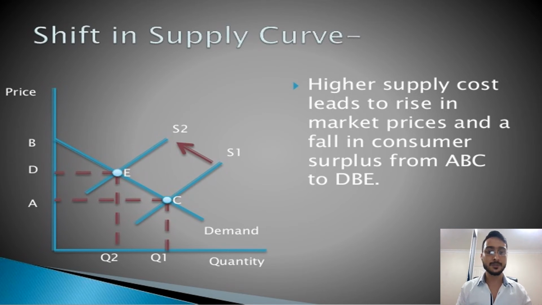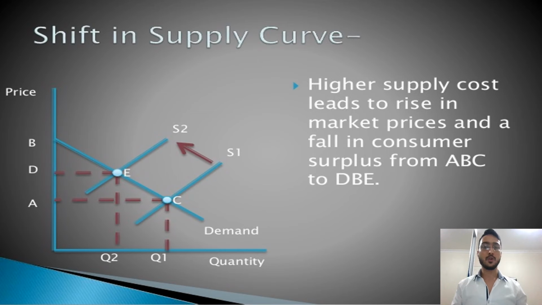In this case, we can see that it has been shifted to the left, so we can say that the supply has decreased. When the supply decreases, the quantity and price will also change. Before the supply decrease, the consumer surplus was at points B, A, and C, and now it has gone down to B, D, and E. So the consumer surplus has decreased.